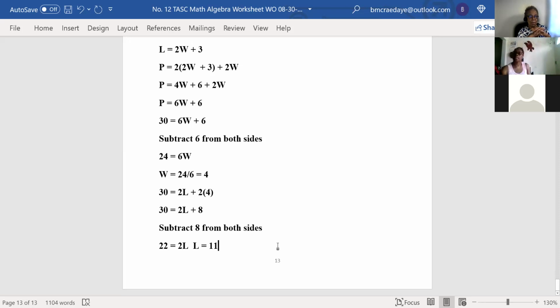Until I get the startup date for the fall session, I'll send you another worksheet, worksheet number 13. When we start back up again, we'll be starting on functions.